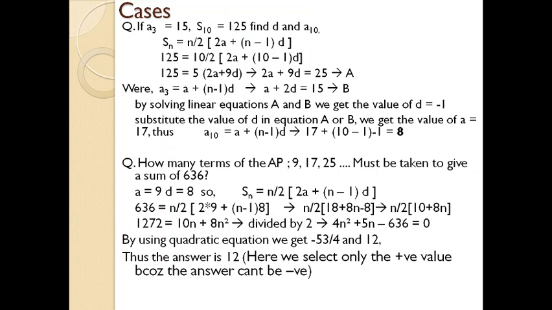Here we got two answers. We select only one, that is plus 12, because the question asked how many numbers are there in that series. So it can't be minus 53 by 4. So positive 12 is taken as the answer.